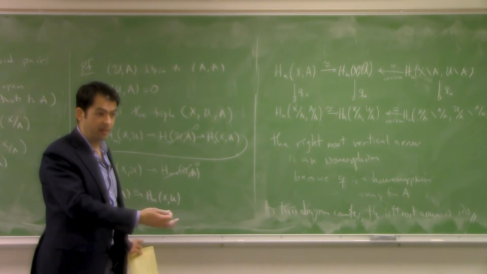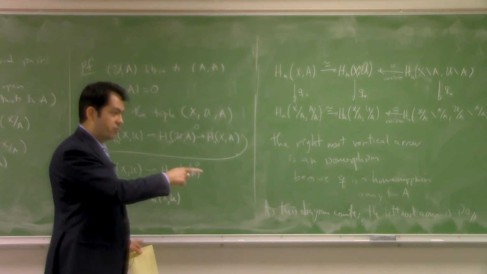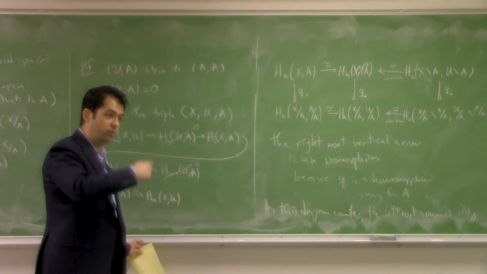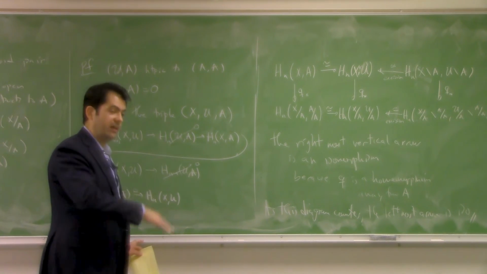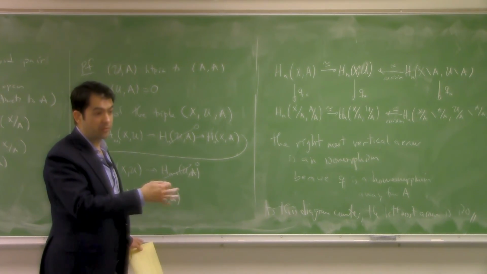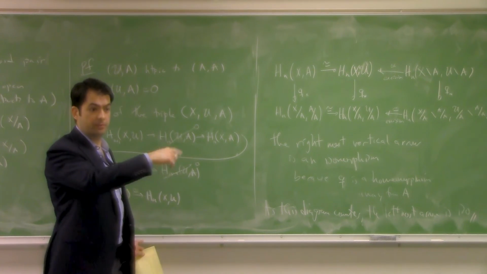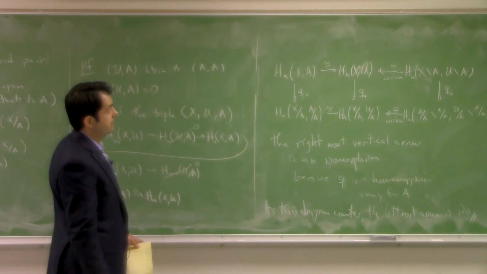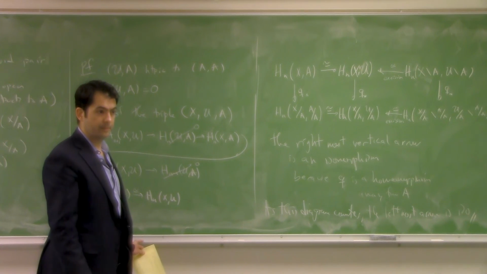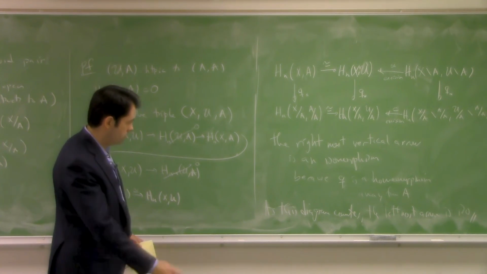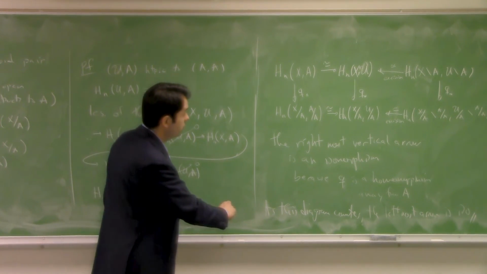What natural means there is that if you have a map of short exact sequences, it induces a map of long exact sequences. And maps of sequences mean commuting diagrams. So we'll see that soon. But in any case, in this case, they commute. And so perfect.